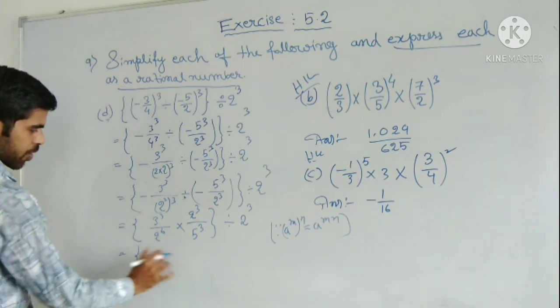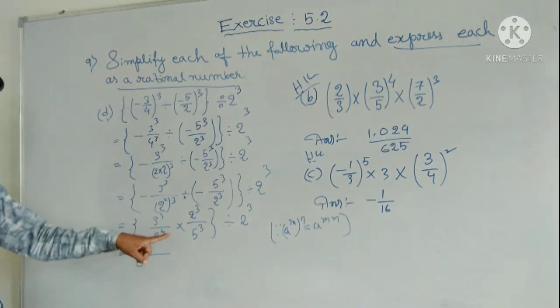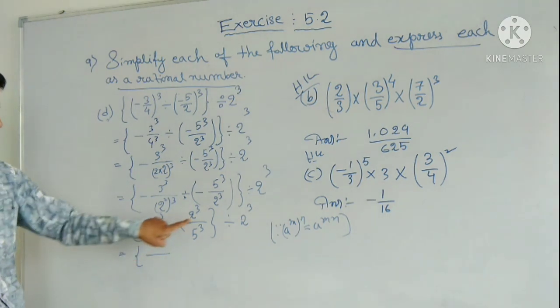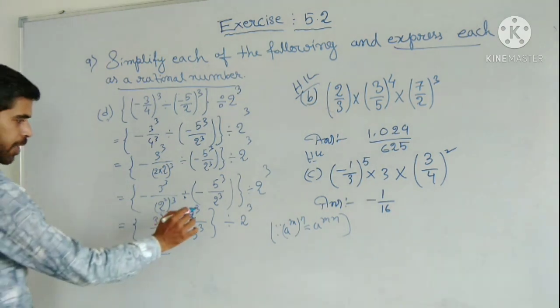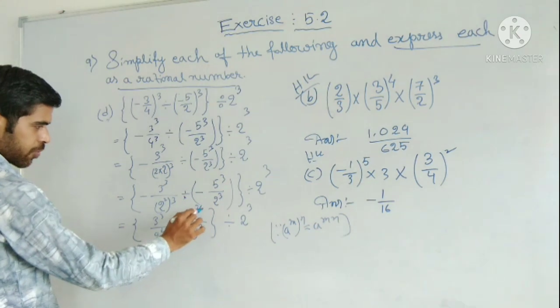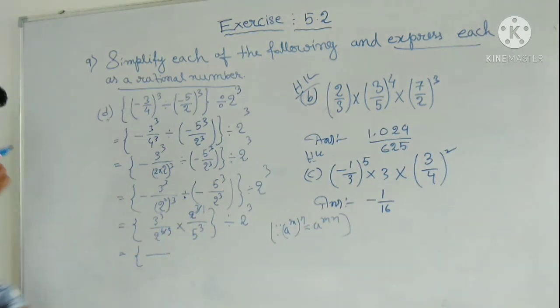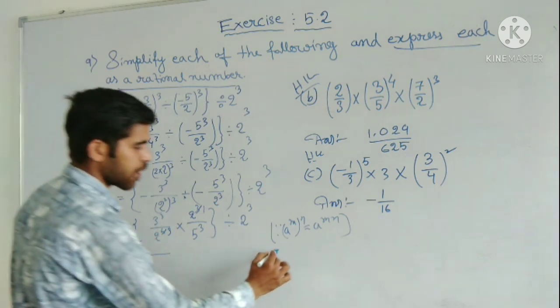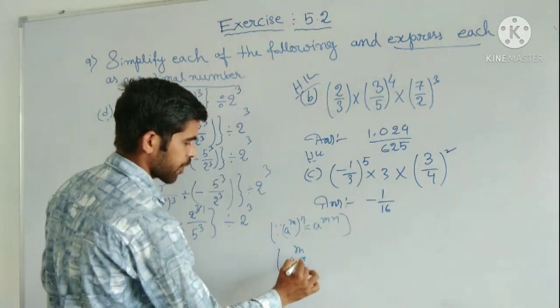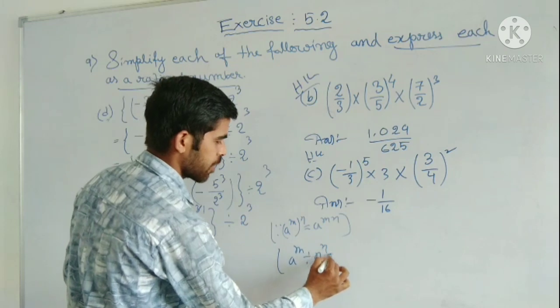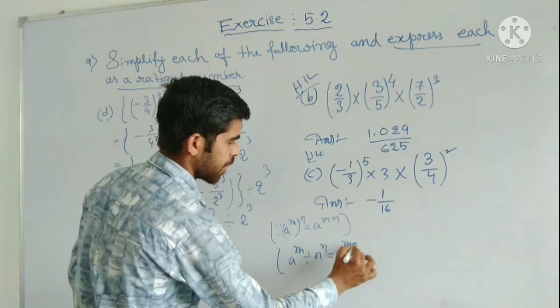Okay, so how many 2s are there? There is 6 2s and there is 3 2s. So from there if you cut this, there is 3 2s, that means only 3 remain. Why? From 6, according to the laws of exponent, if divide is there, that means a to the power m minus n.